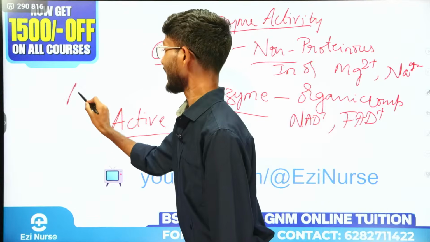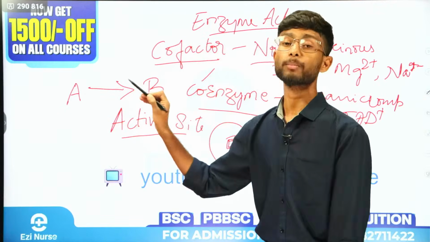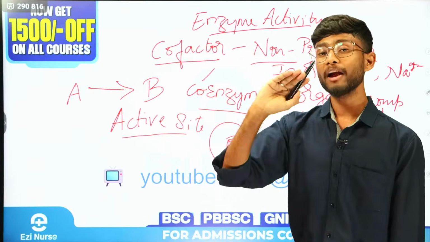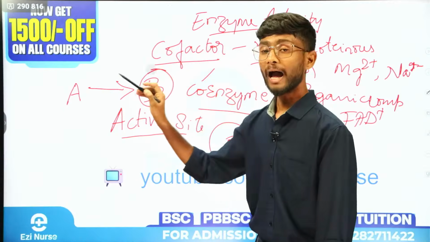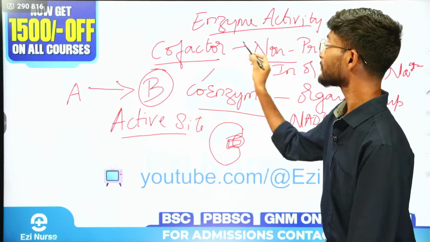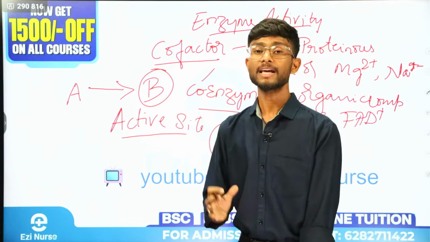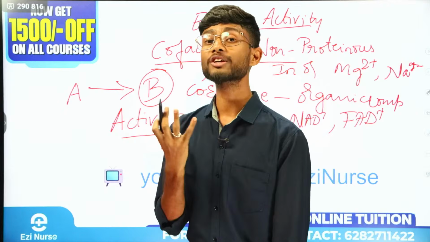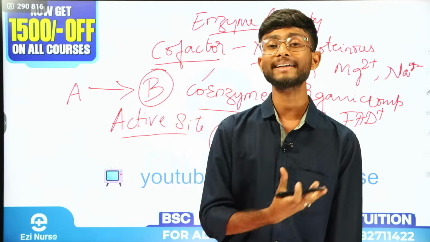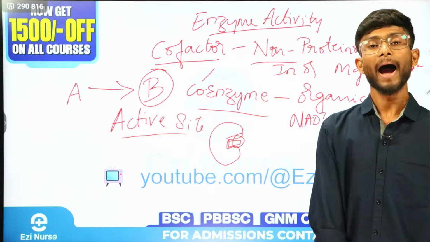The reactant binds to the enzyme and forms a product, and at what rate that happens, that measurement you call enzyme activity. You can define it as the measurement of how much reaction the enzyme can catalyze, or the catalysis of the enzymes. That you call enzyme activity.